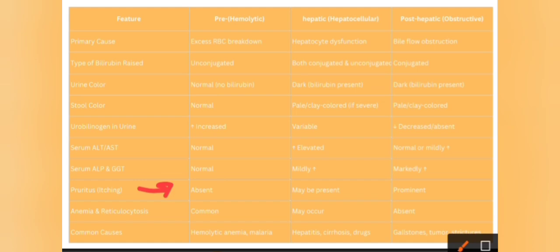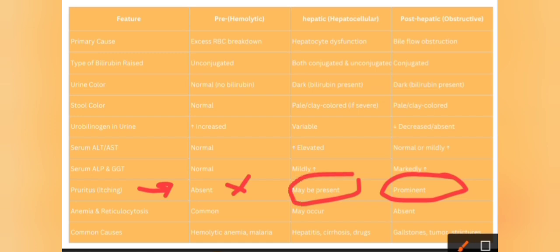That's why itching is prominent in case of obstructive jaundice. As it is related with conjugated bilirubin which is appearing in skin, in case of pre-hepatic, there will be no conjugated bilirubin, while in case of hepatocellular, it may be present, but it is a typical feature of obstructive jaundice. Clear? Now the next point is anemia and reticulocytosis.